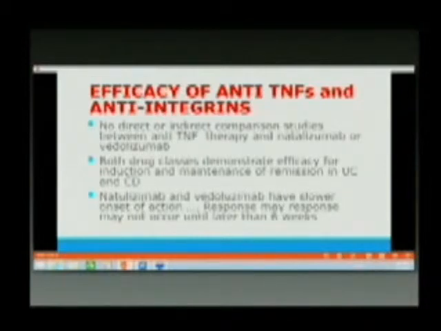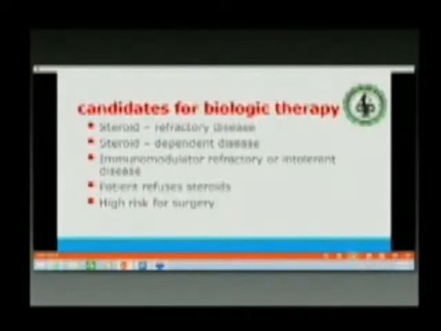In the GEMINI studies, they checked the response rate by 6 weeks, and they found that there was no response at that time. The FDA would say that you review the response rate by week 14. Okay.